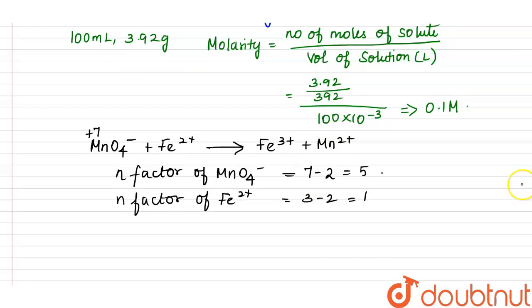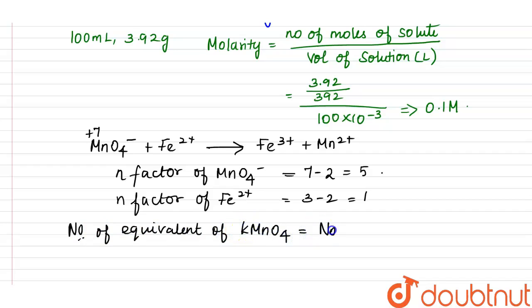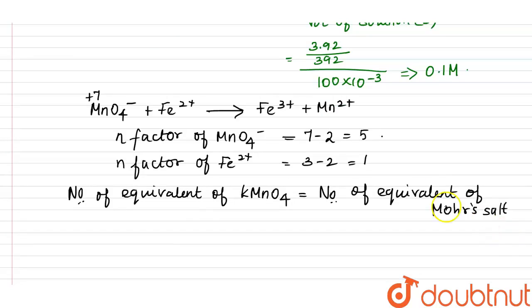Next, the number of equivalents of KMnO4 will be equal to the number of equivalents of Mohr's salt. So now we apply the formula: normality of KMnO4 into 18 into 10 power minus 3.